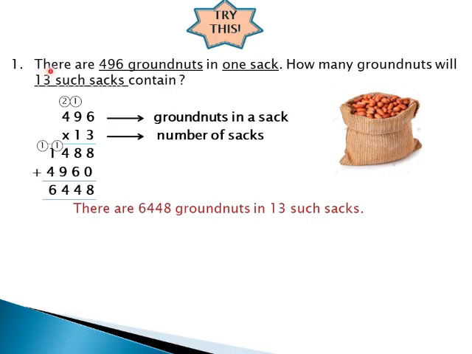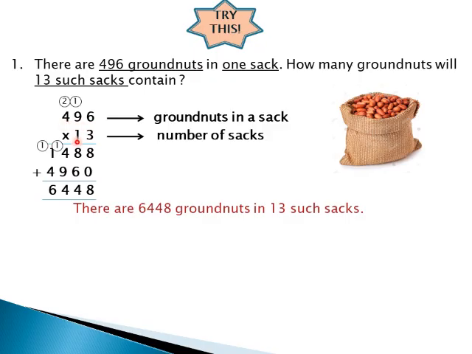There are 496 groundnuts in one sack. How many groundnuts will 13 such sacks contain? Here in this question, number of groundnuts in one sack is 496. Number of sacks are 13. To know how many groundnuts are there in all, we have to add 496 13 times.